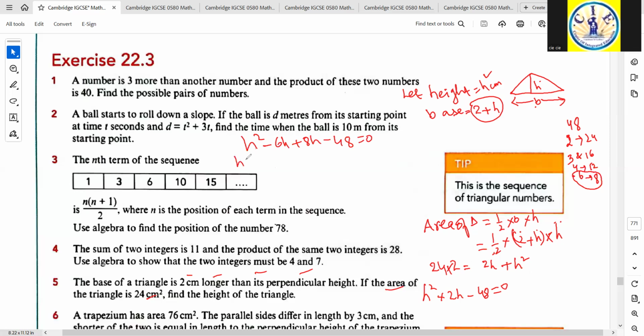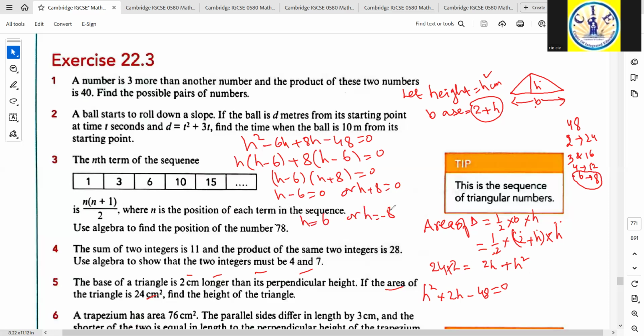So now we can take h common from the first two terms. I'm left with h minus 6. Then 8 common here, this is h minus 6 equals 0. So h minus 6 and h plus 8 equals 0. So h minus 6 is equal to 0, or h plus 8 equals 0. That will give me h is equal to 6, or h is equal to negative 8.